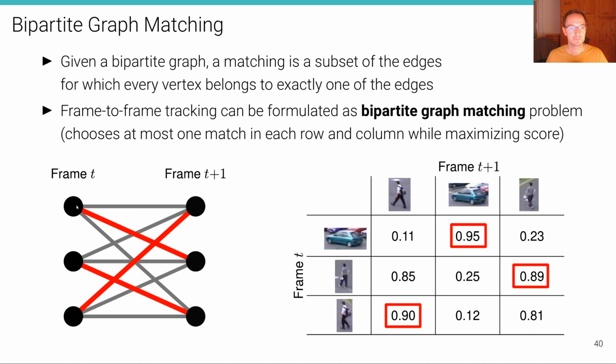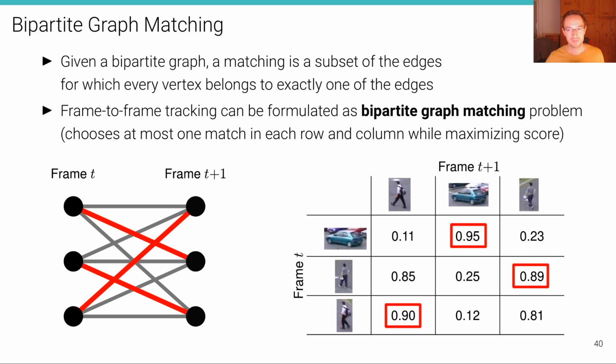The first object is associated with the second detection. The second object here is associated with the third detection, and so forth. So you can see now how this association problem in tracking boils down to a bipartite graph matching problem.